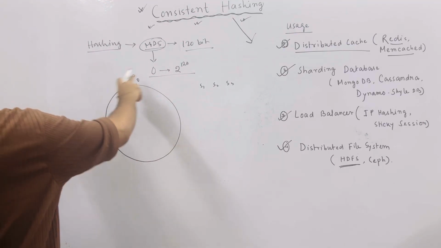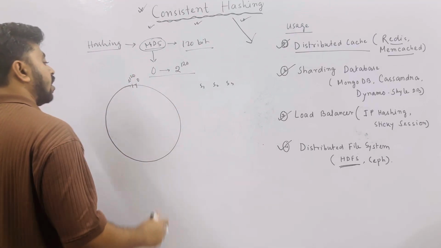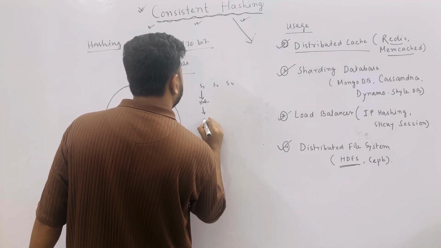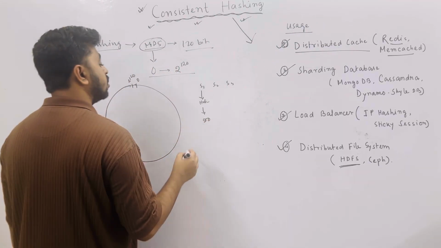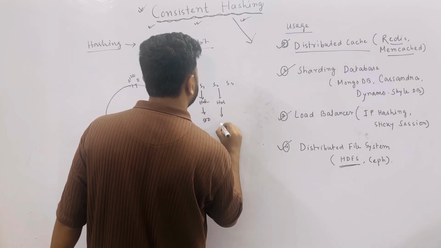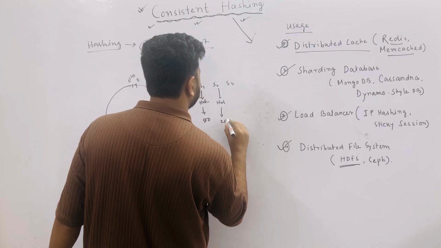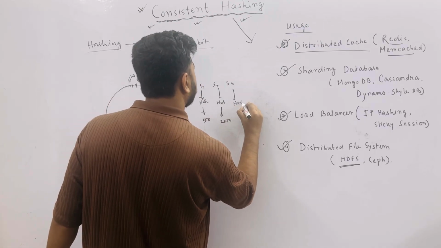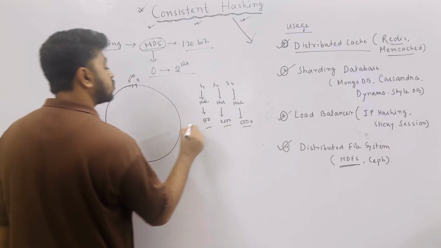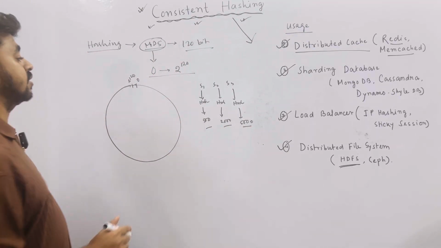Now suppose you do the hash of S1 and get a value of 500. The hash of S2 comes to 2000, and the hash of S3 comes to 5000. So first we do the hashing of the servers.